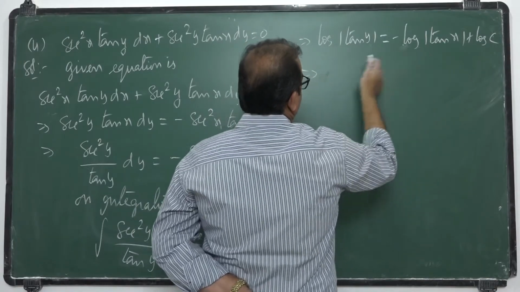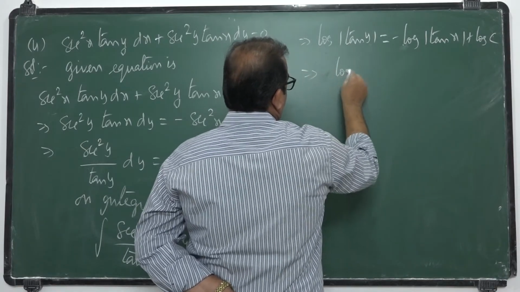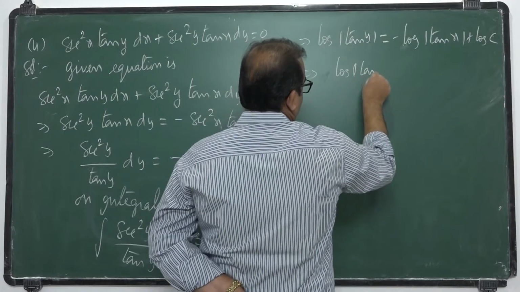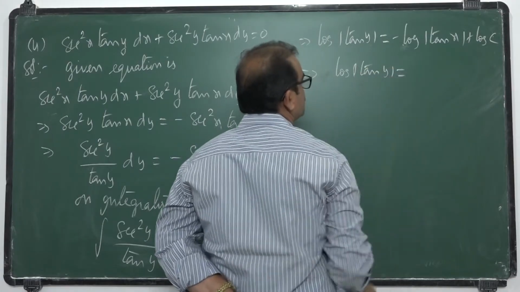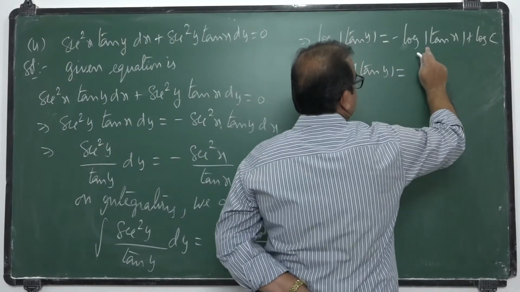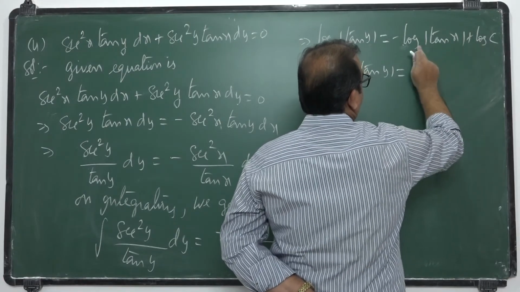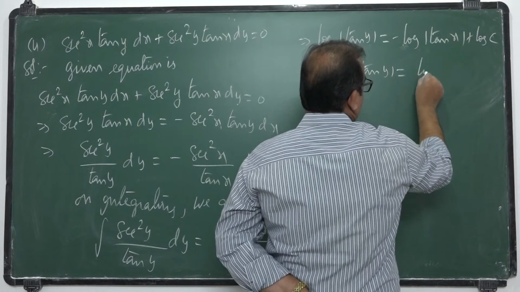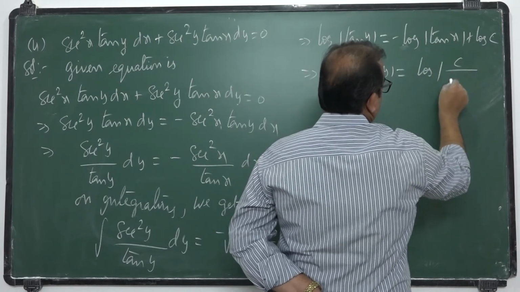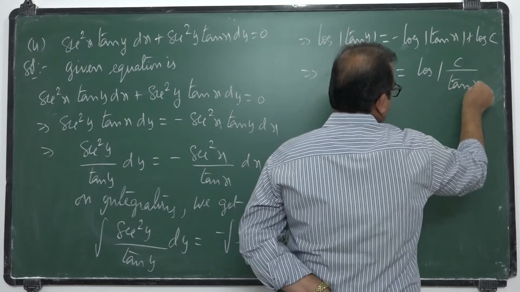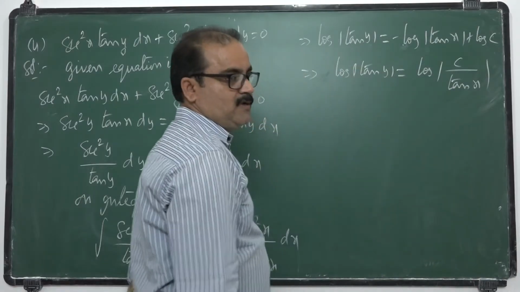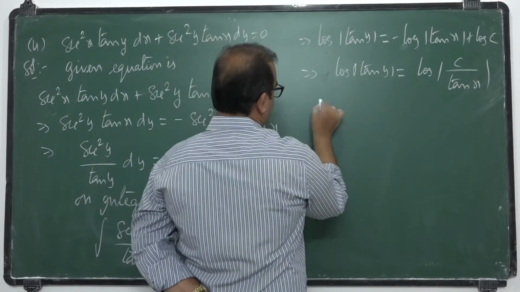Now take this log c: log of mod tan y is equal to, see, RHS is in the form of log m minus log n, that is log of m by n, c by tan x. Now remove the logarithms.